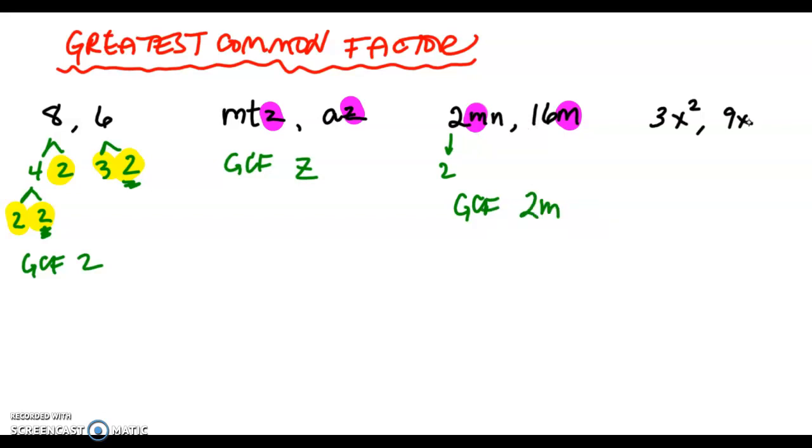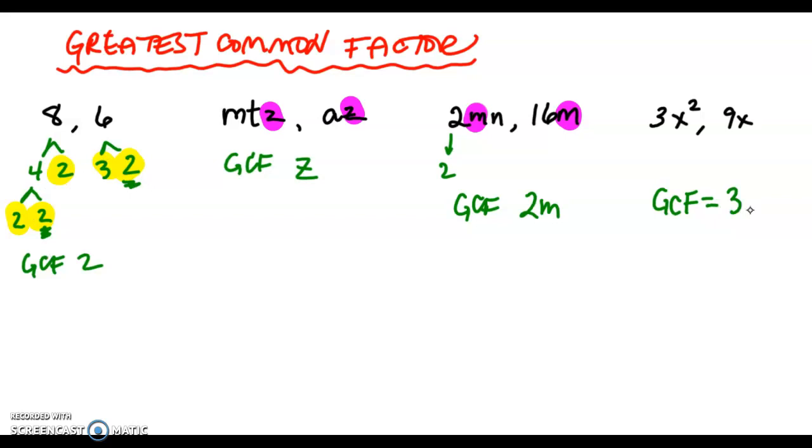Lastly, if we look at this, we also have coefficients and variables. And the coefficients, I can see the lowest common factor between 3 and 9 would be 3. And again, you can write a factor tree and figure that out just like we did with the first example. So we have a common 3.